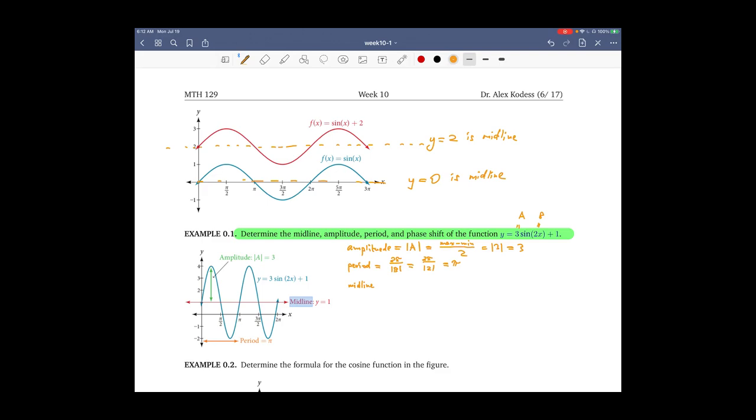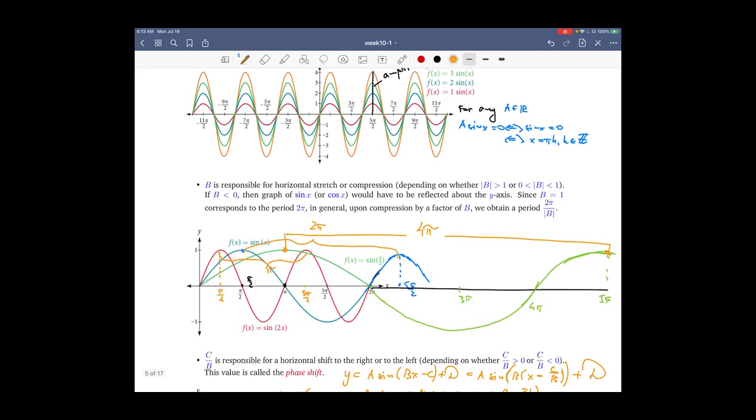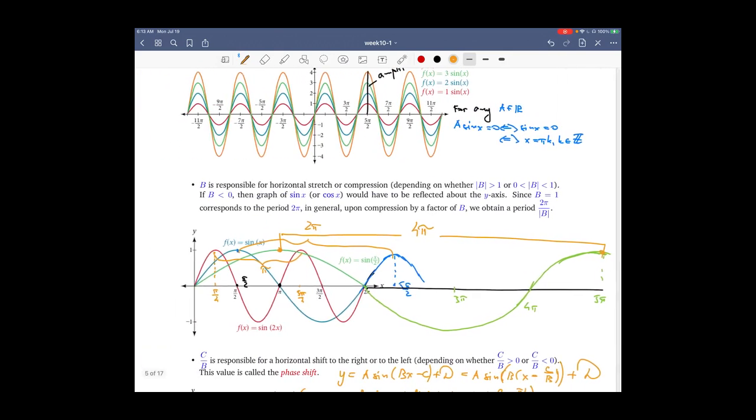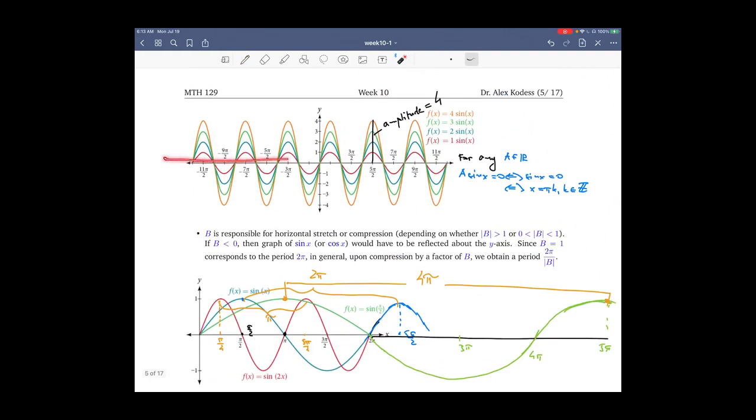Remember, midline is the horizontal line that is equidistant from the maxima and minima. If you take a maximum and a minimum, the distance from that line to the maximum and to the minimum is the same.